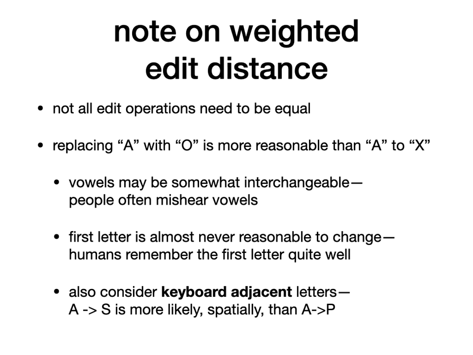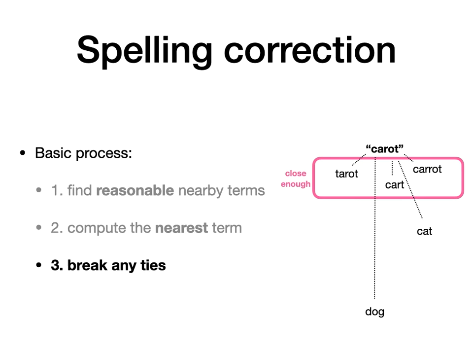So that's step 2. Now on to step 3, break the ties. So we have found the reasonable terms, we have winnowed them down, and we have computed the nearest term. If we end up with two terms with identical edit distances, we have to break the tie.